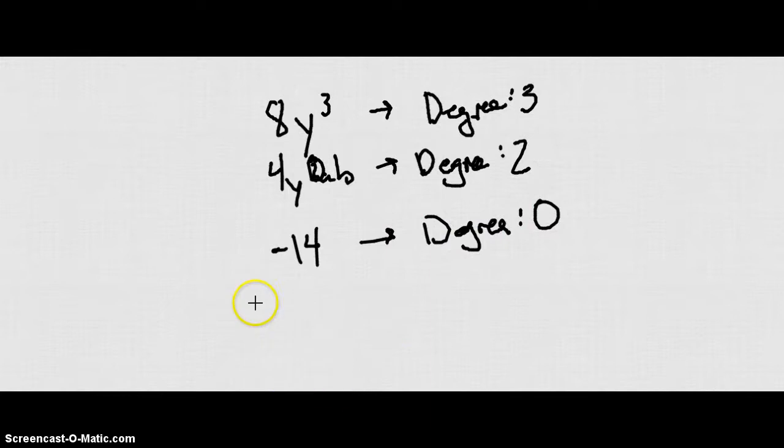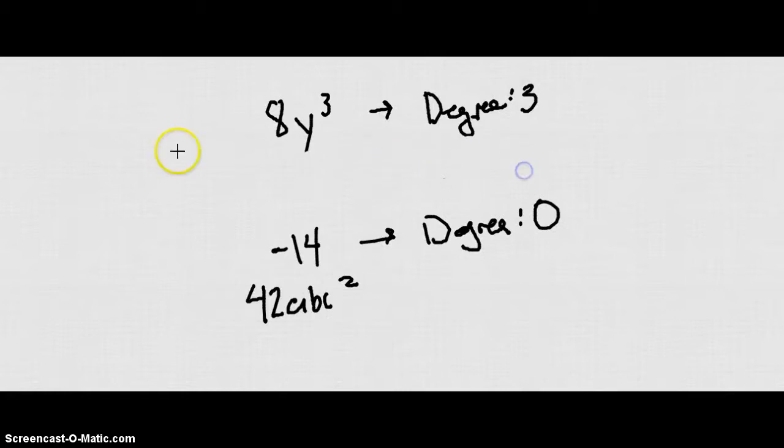And 42abc squared. I actually misspoke up here. I forgot with the 4y squared ab, we forgot about the a and b variables. So let me take that off. So with 4y squared ab, we have a 2, a 1, and a 1.